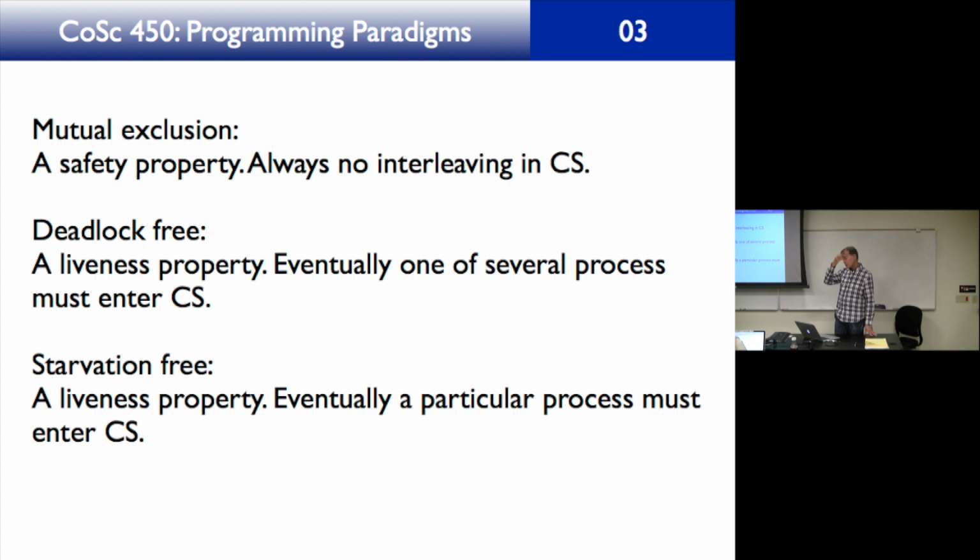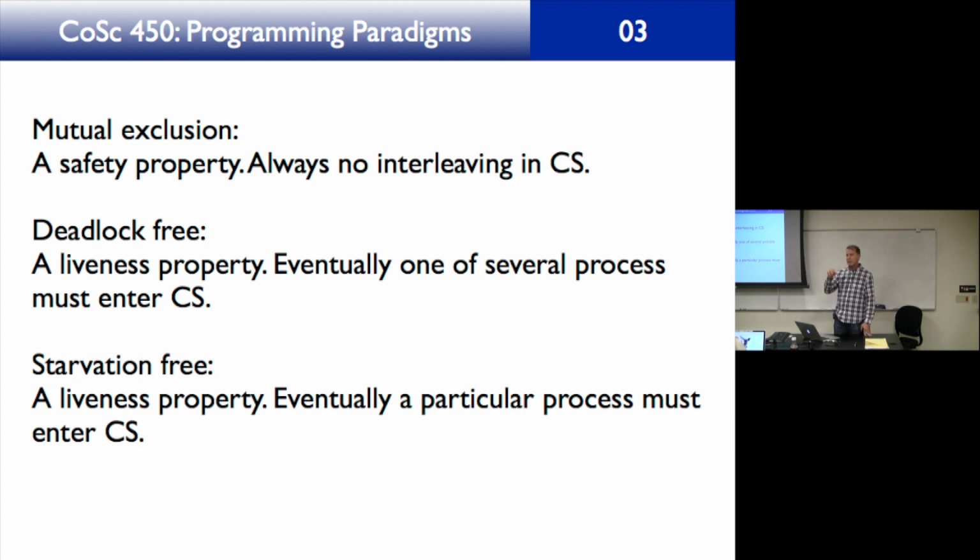And then there's also this interesting relation between mutual exclusion, which is safety, and starvation free. Remember what that relationship was? One of them is stronger than the other. One of them implies the other. Which way is it? Starvation implies. So which one is stronger? Starvation is stronger. Okay.